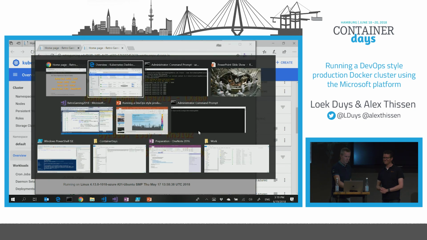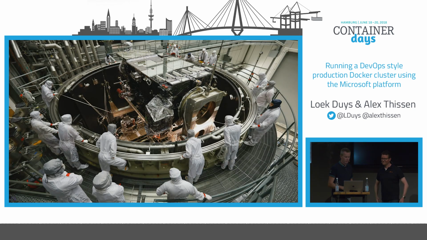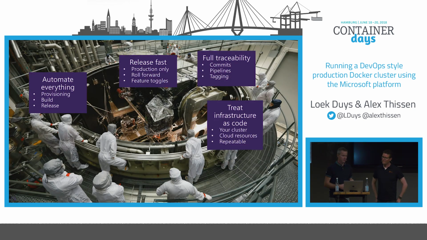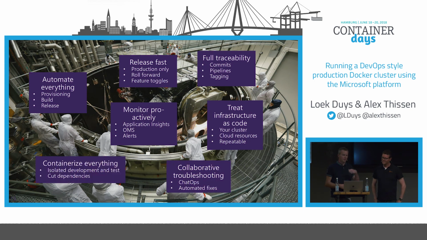So with that, what we hope we showed you is that if you do DevOps and you automate everything, you're able to monitor and find out before others do what is happening in your cluster and in your application code. You have full traceability in place to find out where it actually is, and you're able to release it very fast back into your test environment, then into acceptance, production, or maybe even straight into production.